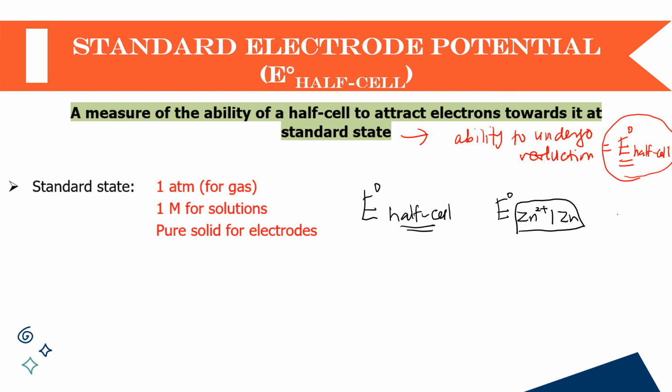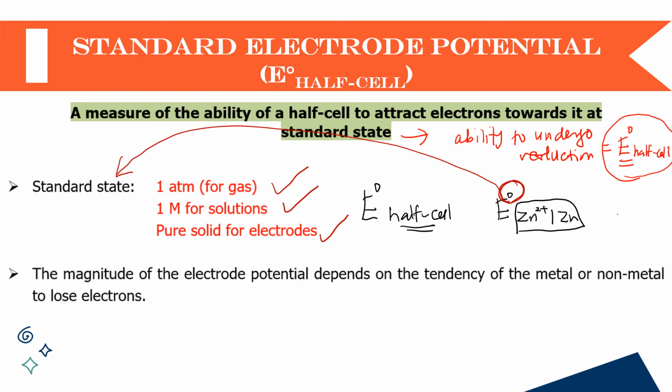Then you have a naught value over here, which refers to standard state: 1 atm pressure for gas, 1 molar for solution, and pure solid for electrodes.